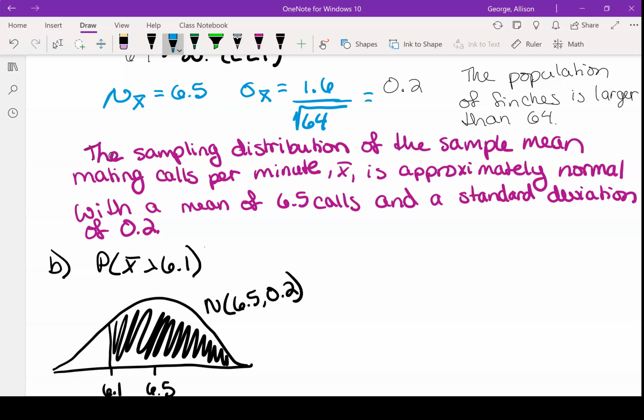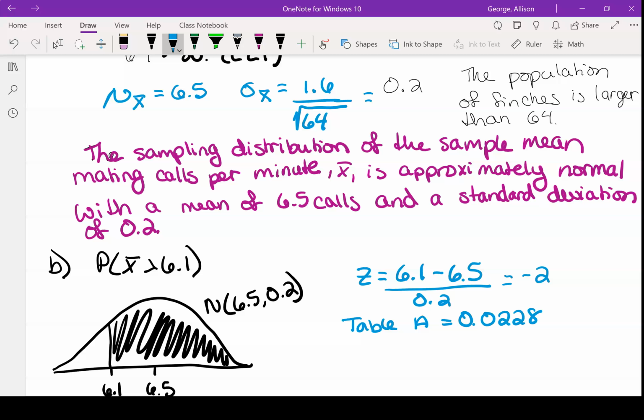So we're going to do our z-score. It's 6.1 minus 6.5 over 0.2, and that is going to give us -2. Then we're going to go to table A and find the z-score for -2, and that ends up being 0.0228.